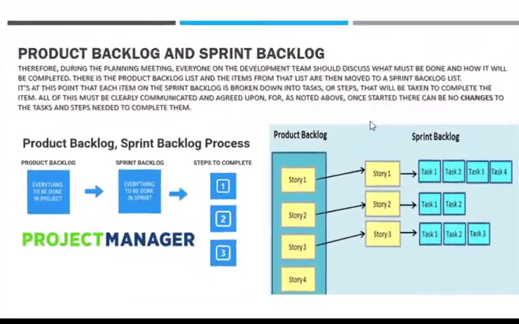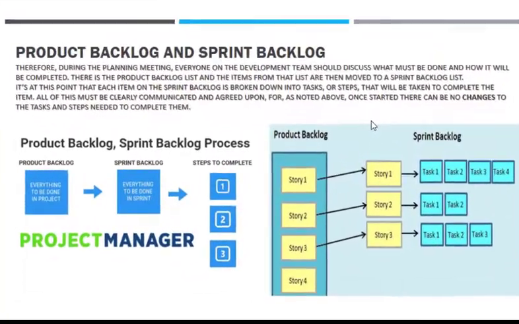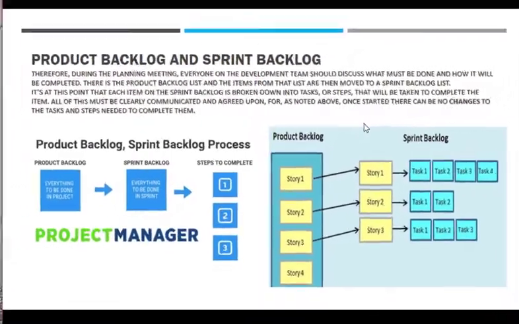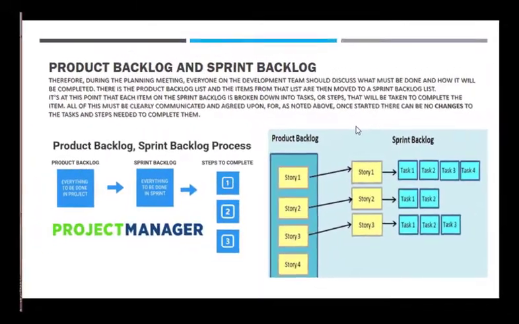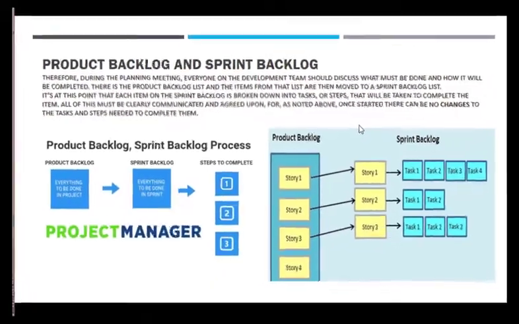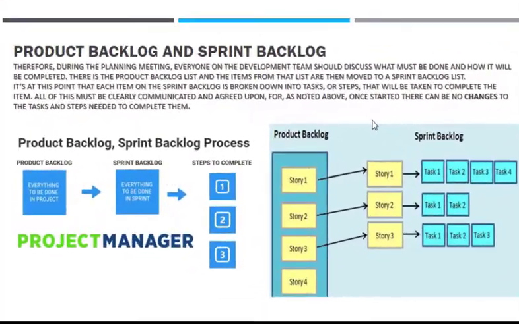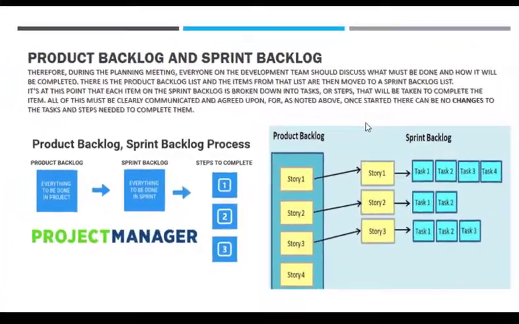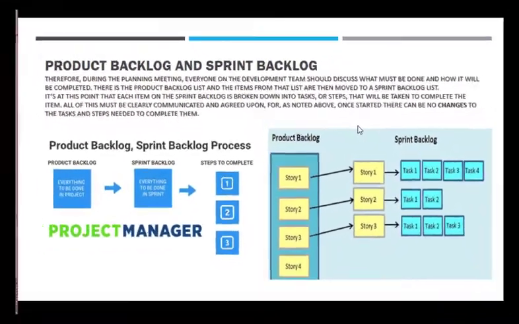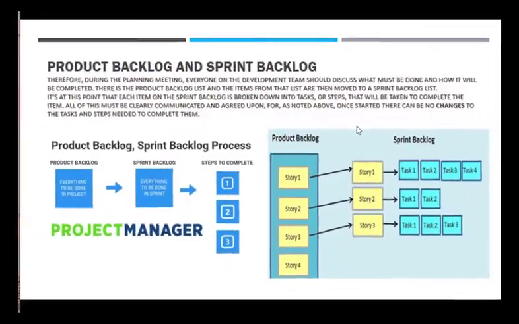It is at this point that each item on the sprint backlog is broken down into the tasks or steps that will be taken to complete that item. All of this must be clearly communicated and agreed upon. As noted above, once started, there can be no changes to the tasks and steps needed to complete them.